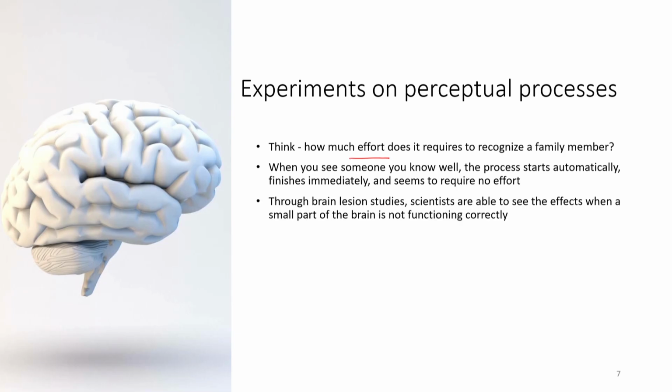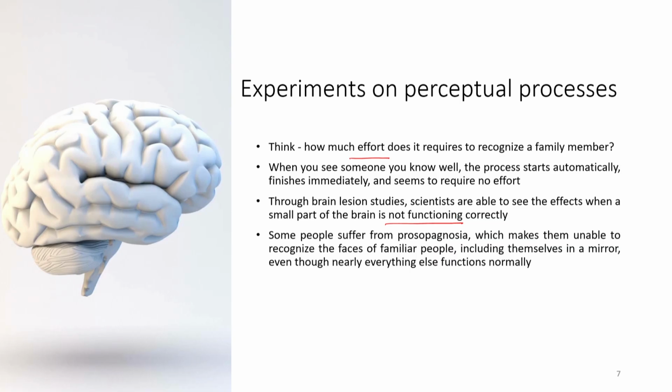Through brain lesion studies, scientists are able to see the effects when a small part of the brain is not functioning correctly. Scientists have studied people who suffer from prosopagnosia, which makes them unable to recognize the faces of familiar people, including themselves in a mirror, even though nearly everything else functions normally.